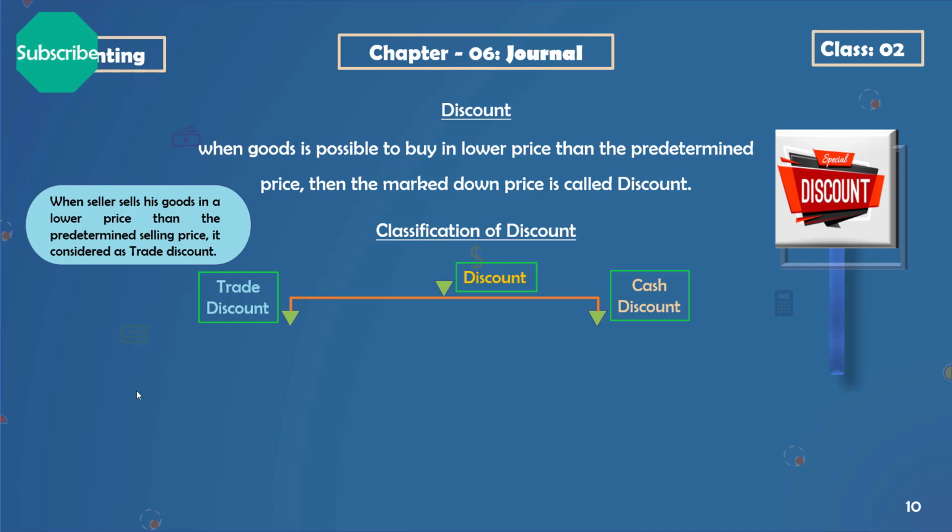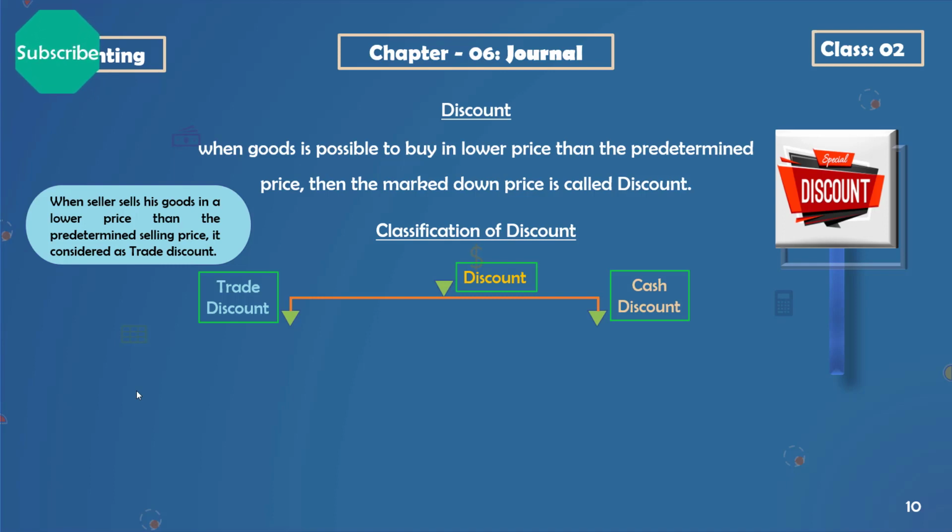So the shop allowed you a discount of 50 taka. This is called trade discount. Okay, so you have to remember this: trade discount occurs when we sell or purchase anything.